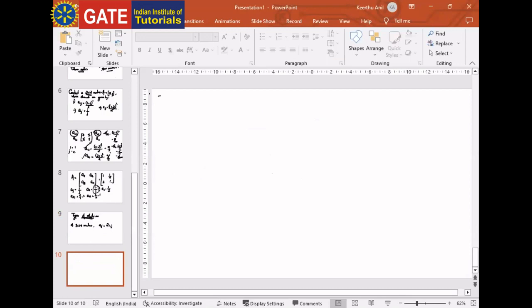Transpose of a matrix. Now, how can you find the transpose of a matrix? We can interchange the rows and columns. Then we will be getting the transpose of a matrix.